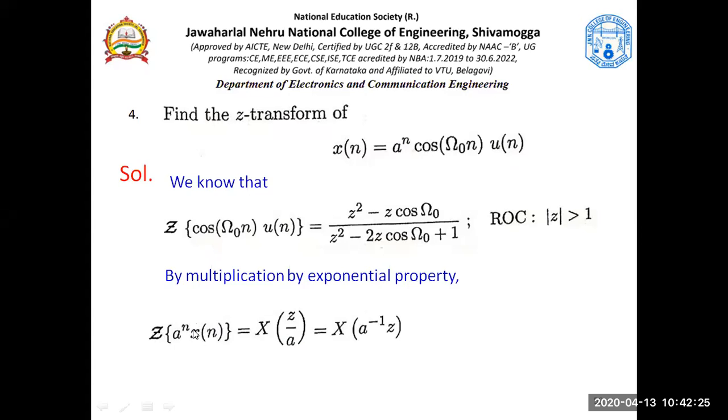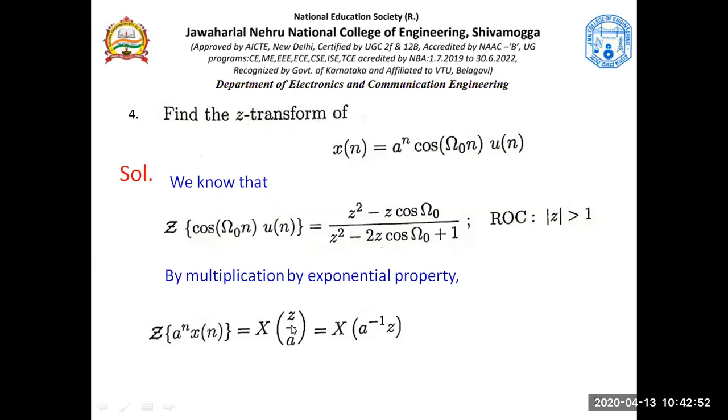If X of z is the Z transform of x of n, then X of z by a is the Z transform of a^n x of n.